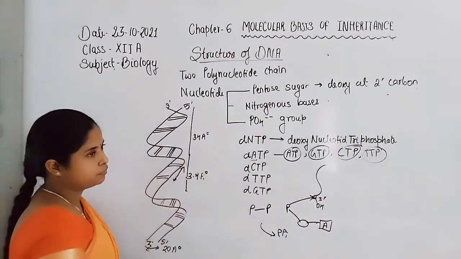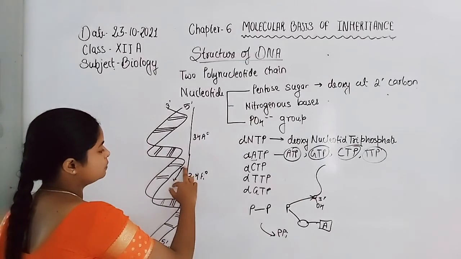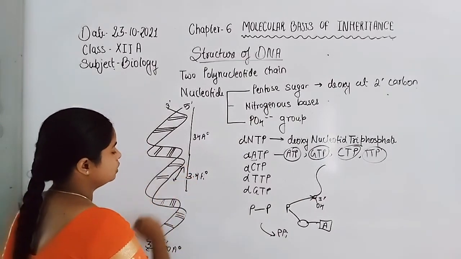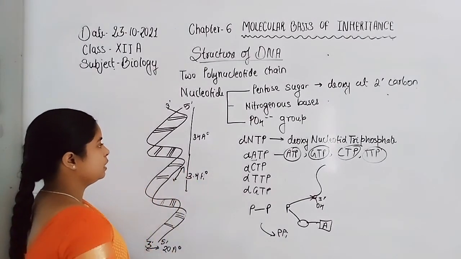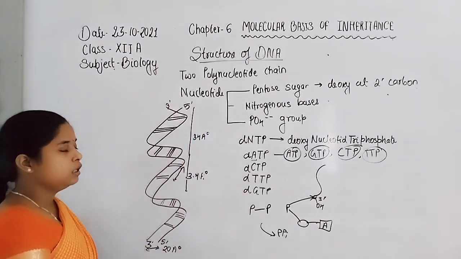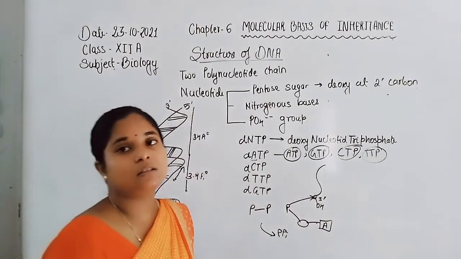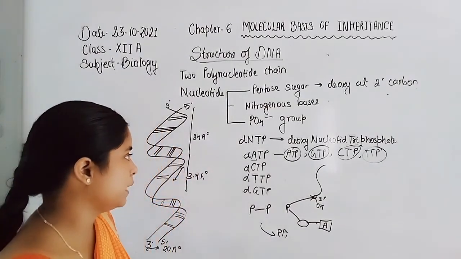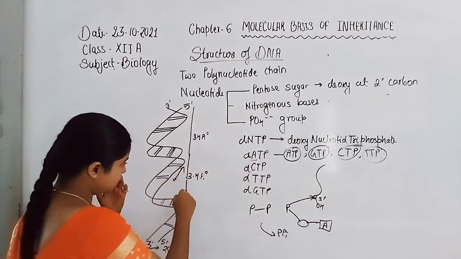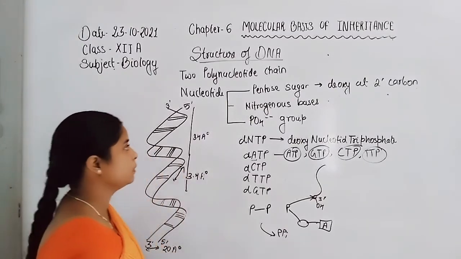The pitch of DNA is about 3.4 angstrom, and the distance between two nitrogenous bases is also 3.4 angstrom, and the length of one helix is about 34 angstrom. Human DNA is formed by 6.6 x 10^9 base pairs, in which all the nucleotides are attached to each other at this distance of 3.4 angstrom.